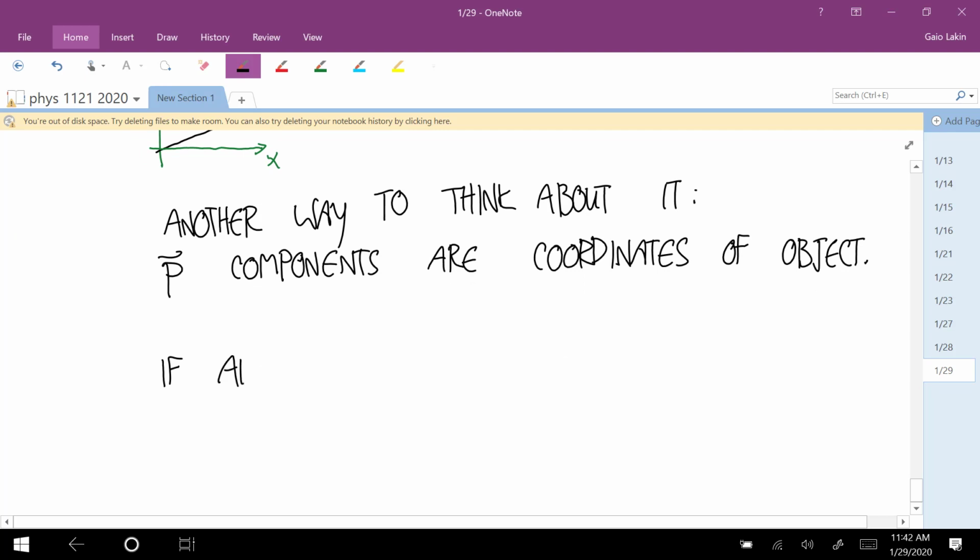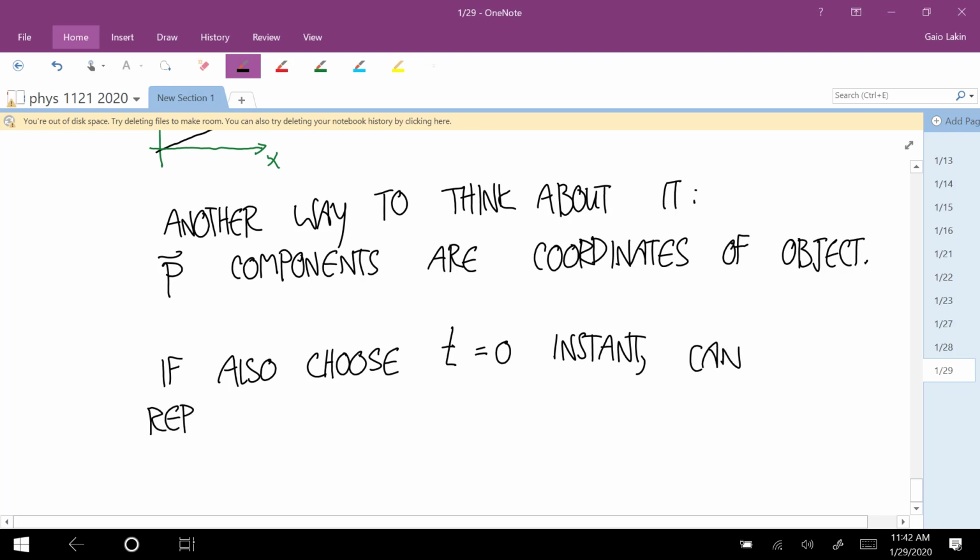If you also choose a time equals 0 instant, then you can represent the position vector as a function of time.